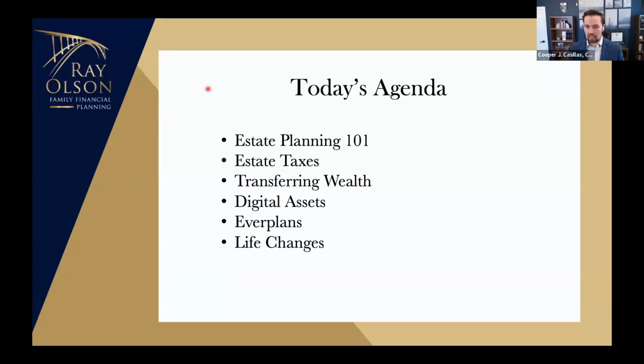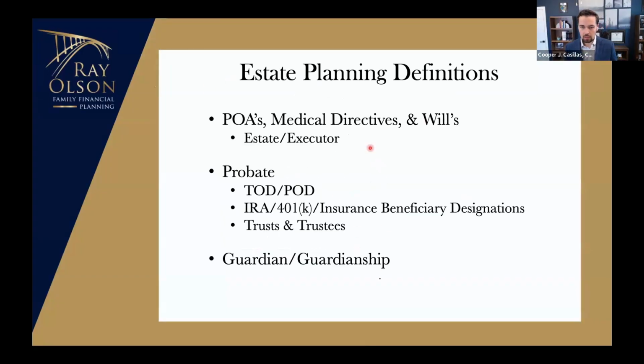And jumping into things again on the estate 101, right? First and foremost, for any estate plan, you're going to have to get started with this holy trinity of documents: your power of attorneys, POAs, your medical directives, and your wills. Right? This is honestly one of the hardest things for me to get clients to do, because I think naturally we just put it on the back burner, and it's like, hey, I don't really have to worry about this right now.